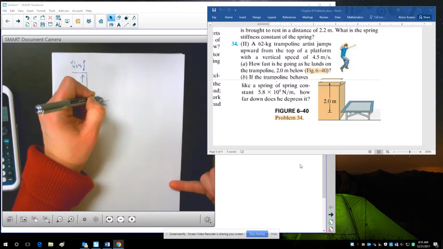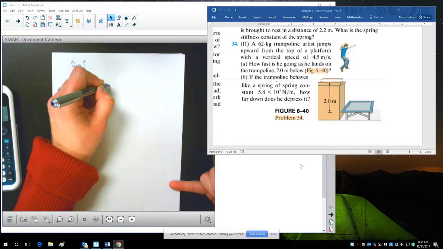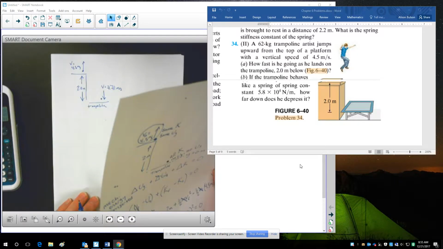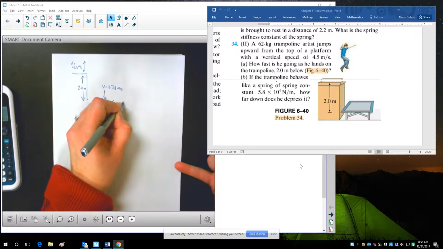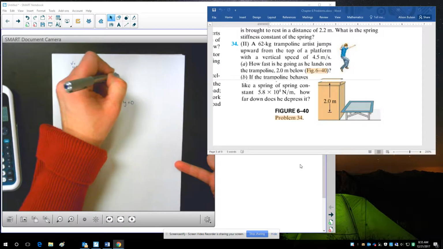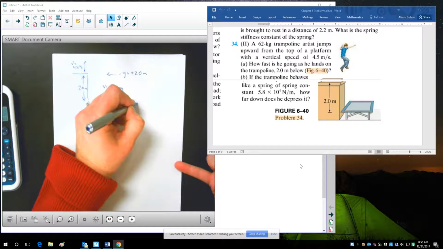We now know this is V 7.71. Okay, and that's kind of like all the things we know now. We can still keep calling this y equals 0, y equals plus 2. That's fine.